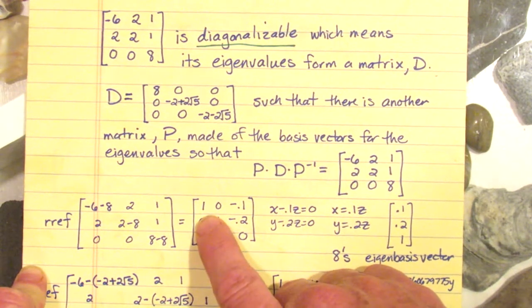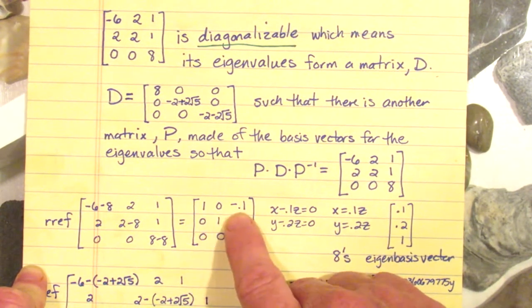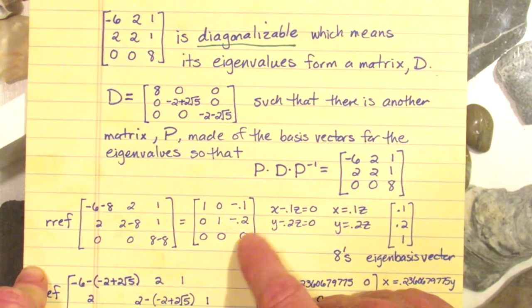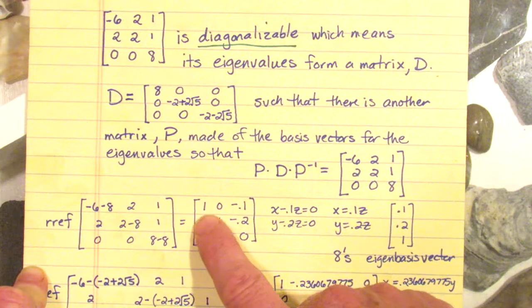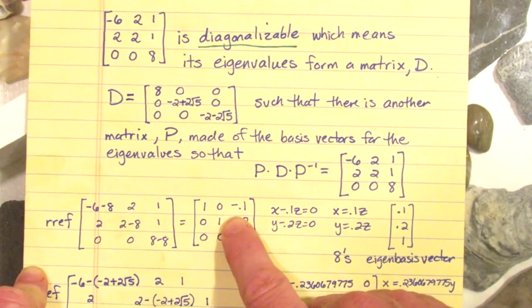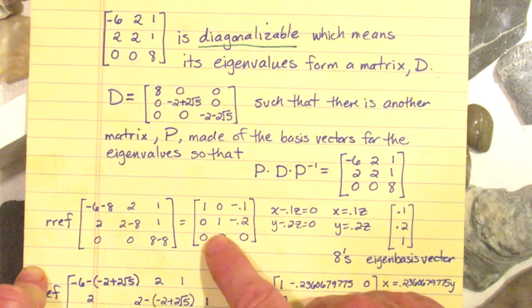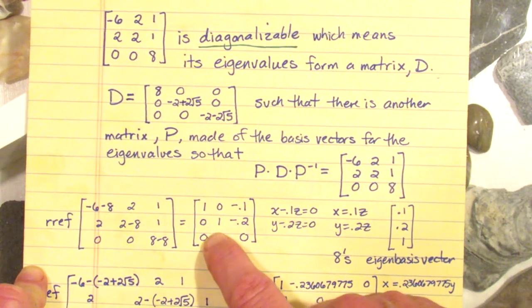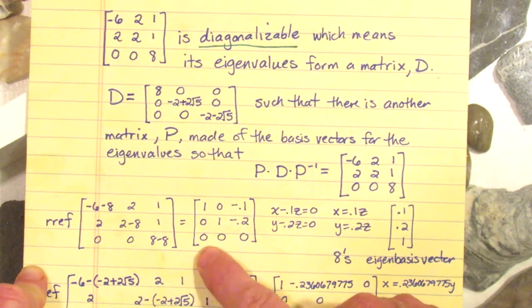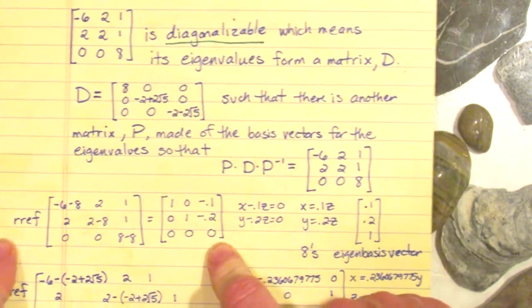So this should be the x, y, and z set equal to 0 for a system of equations. If I run down the first row, then that reads as x minus 0.1z equals 0, and then the second row is y minus 0.2z equals 0, and then the third row is just all zeros.